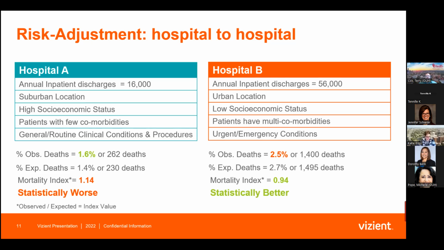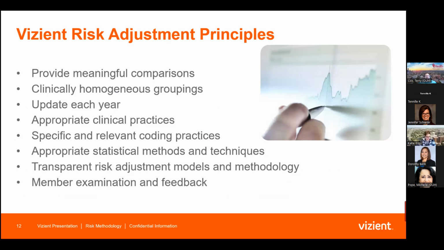And we look at that mortality index, which is how we present this information, observed over the expected. When we look at the mortality index, actually, hospital A is performing statistically worse than hospital B, not like what we presumed. So that's why we're risk adjusting.